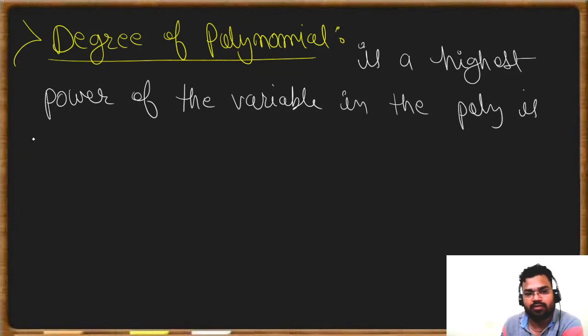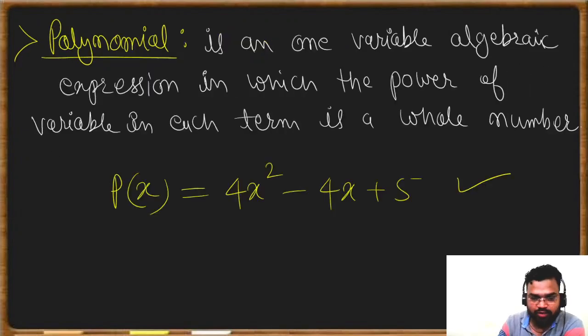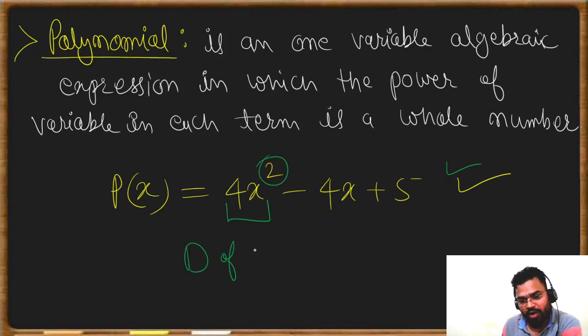The highest power of the variable in the polynomial is known as the degree of the polynomial. Yes or no? So if I ask what is the degree of this polynomial, you can easily say, sir, the highest power is 2, therefore the degree of the polynomial is 2. Yes or no?